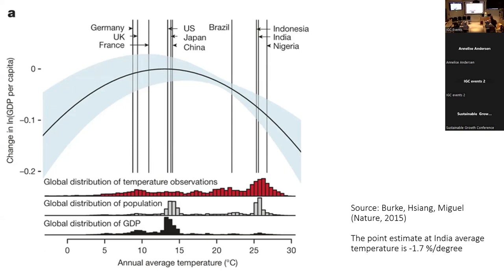And if you look at the point estimate at the average temperature in India, it's about minus 1.7% per degree, meaning that if you get a year which is 1 degree hotter, you see a 1.7 percentage point decline in GDP growth.